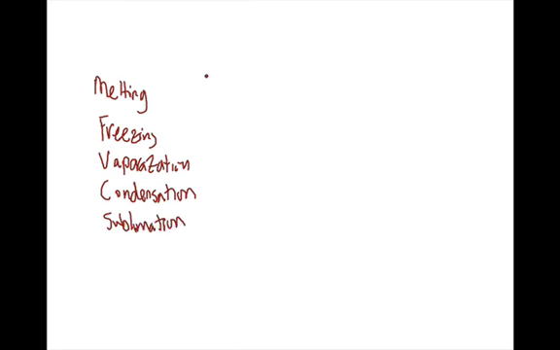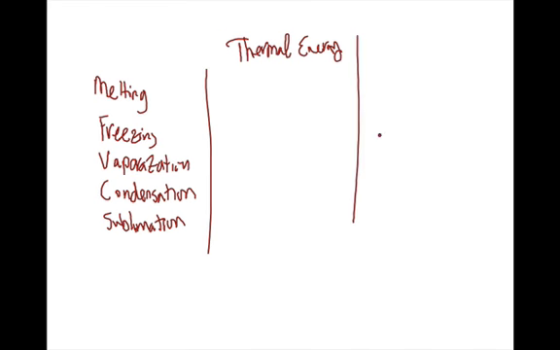What we're saying is that in terms of thermal energy, remember all the particle movement, and also the movement of the particles, we want to give a quick flow chart here.